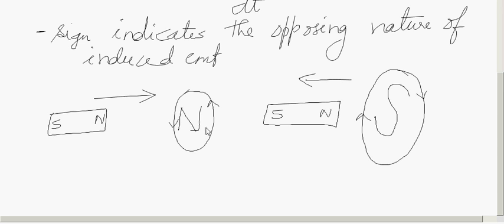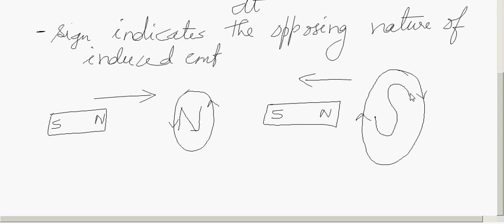So, by this it is very clear that when the north pole is moving towards the coil, to oppose this motion, an anticlockwise current is set up in the coil. And when north pole is moving away from the coil, to oppose this motion, clockwise current is set up in the coil. A clockwise current produces south pole, and south pole can attract north pole.